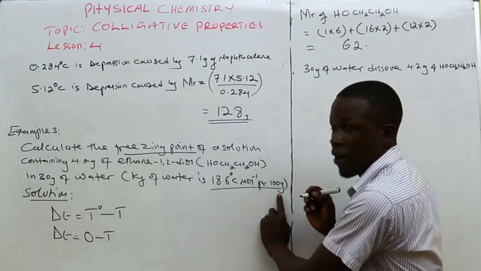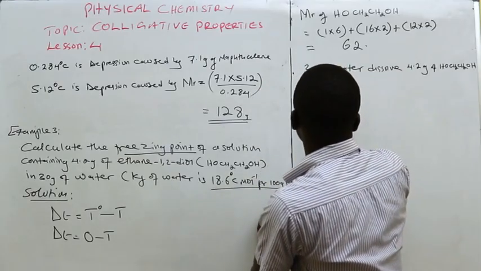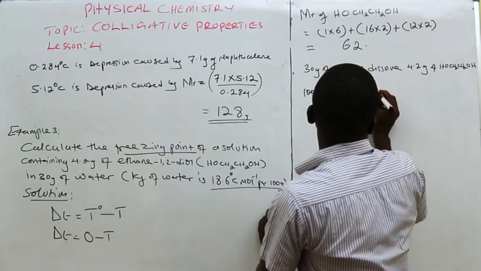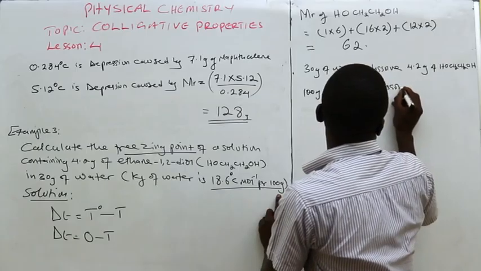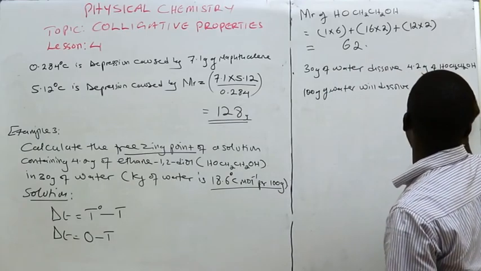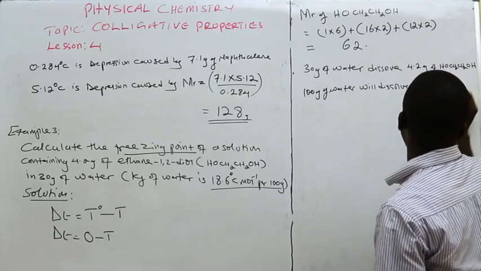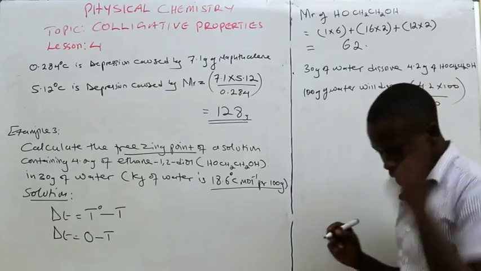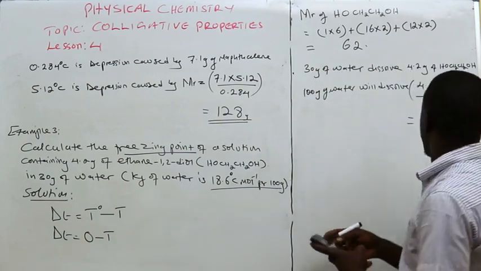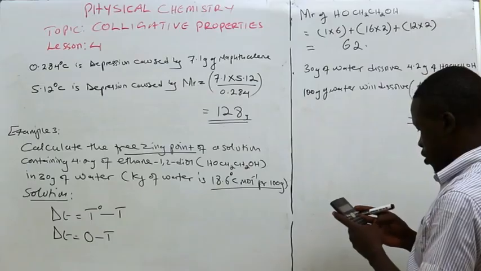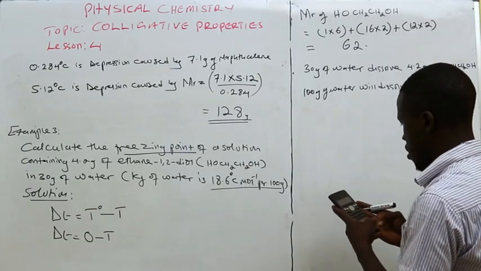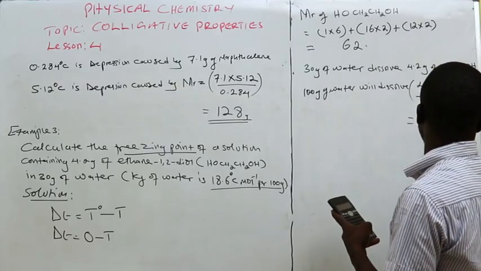This time not 1,000. What about 100 grams of water? Will dissolve 4.2 times 100 over 30. Why I'm using 100? Because Kf has been given per 100 grams, not per kilogram. So I have 4.2 times 100 divided by 30. And this is 14 grams.